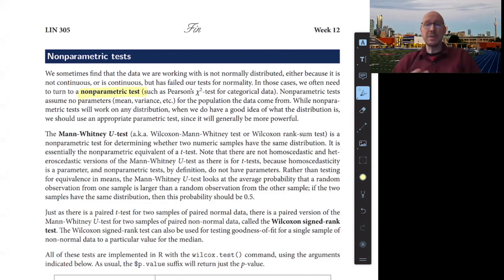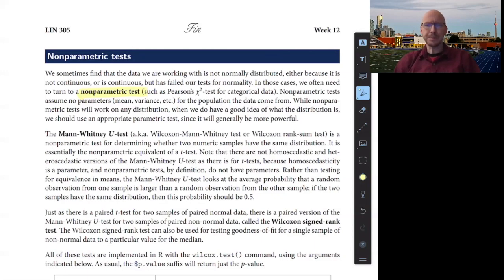So if you don't have a good idea of what your data looks like, how it's distributed, then you can use a non-parametric test. If you do have some good idea, like with our normally distributed data, then you should use the appropriate test. You should always use the test that matches the information you've got.